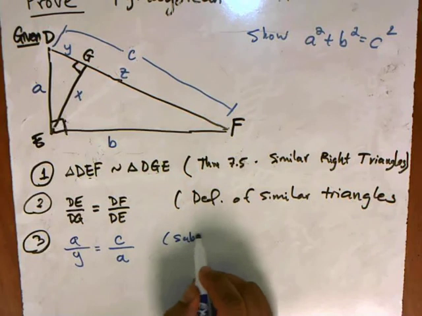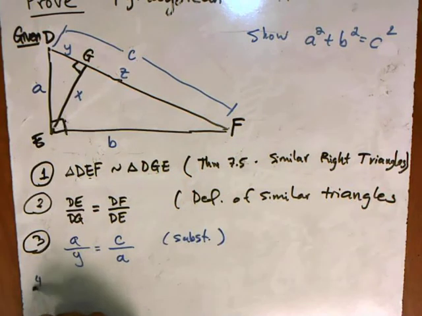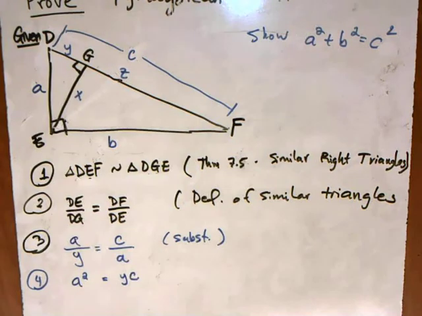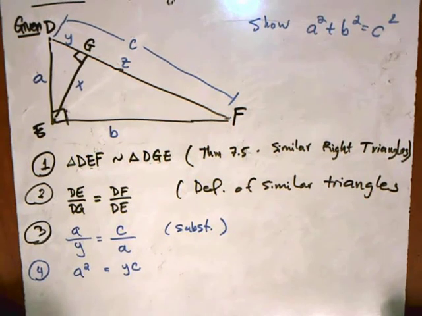This is just substitution. Then I can cross multiply these two, so I get a squared is equal to y times c.